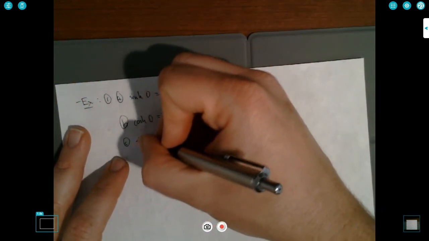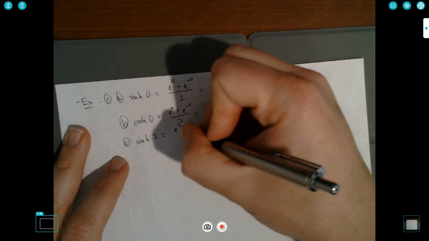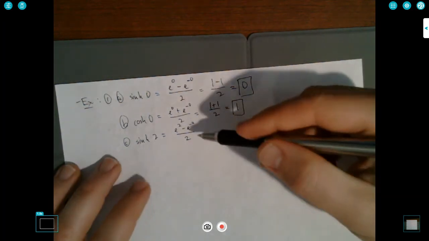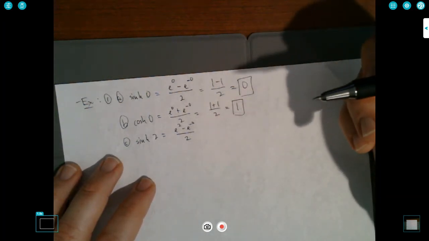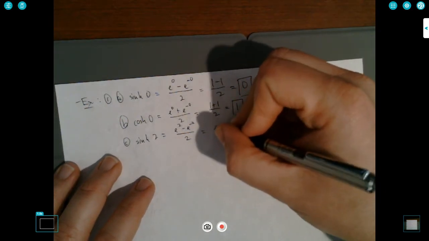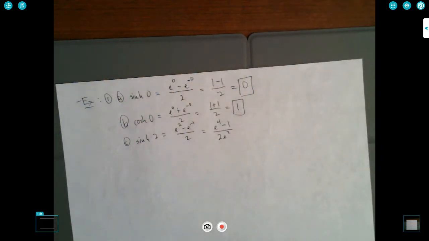And cinch of 2 would be e squared minus e to the negative 2 over 2. That's about as clean as you're going to get it. I suppose you could multiply top and bottom by e squared to clear the negative exponent, and you get e to the 4th minus 1 over 2e squared. That's an equivalent form.